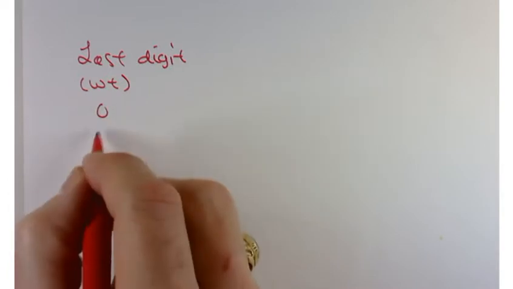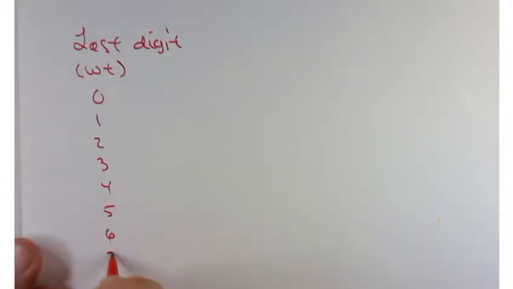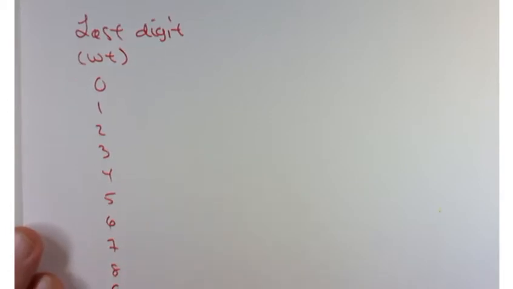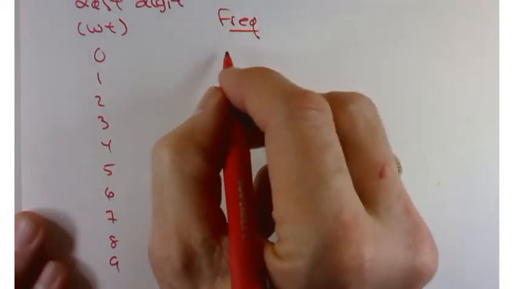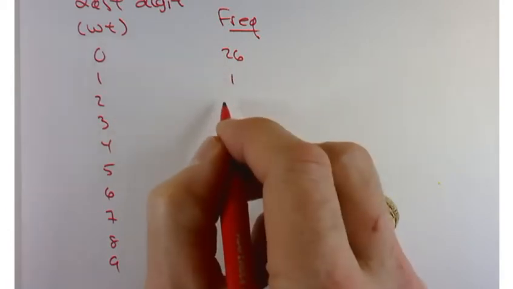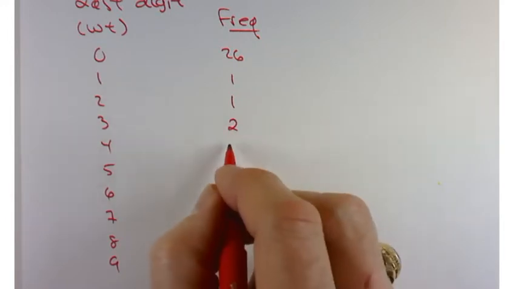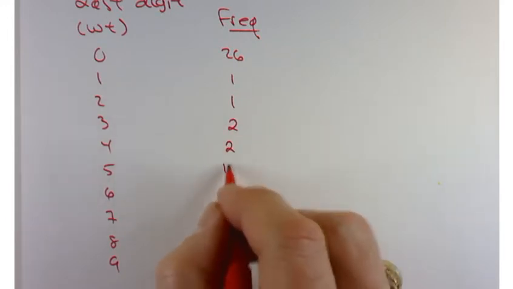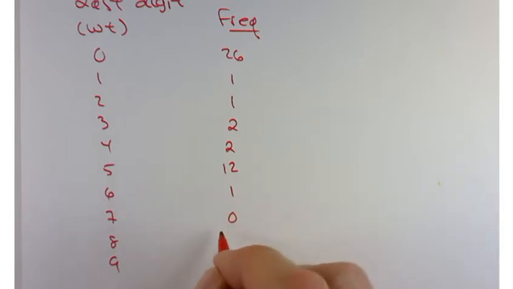And we had a bunch of different responses, 0, 1, 2, 3, 4, 5, 6, 7, 8, and 9. And then the frequency, 26, 1, 1, 2, 2, 12, 1, 0, 4, and 1.